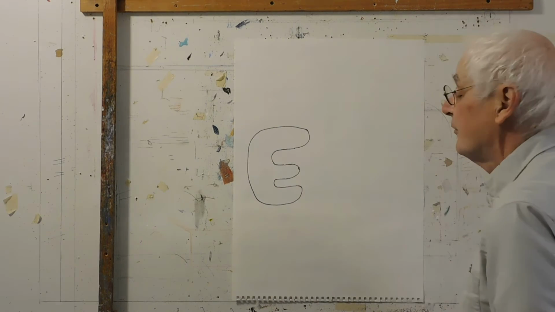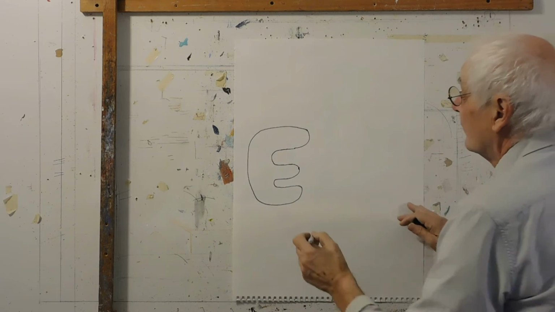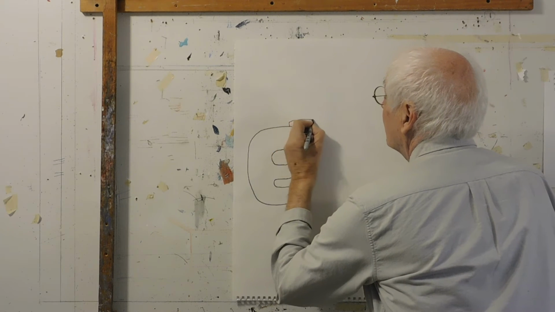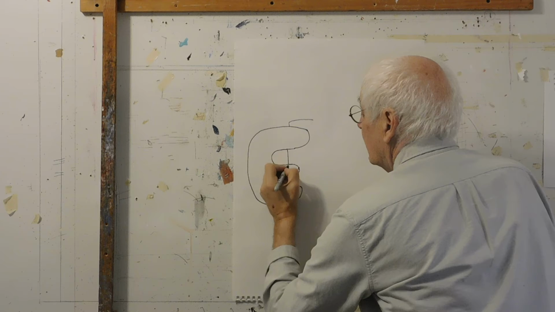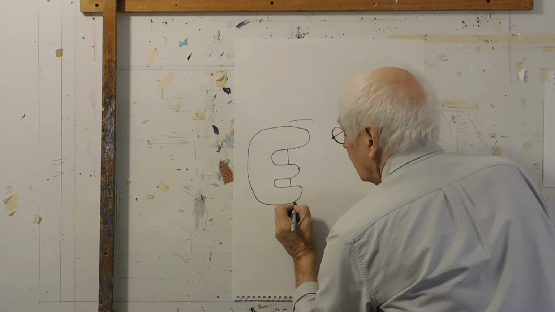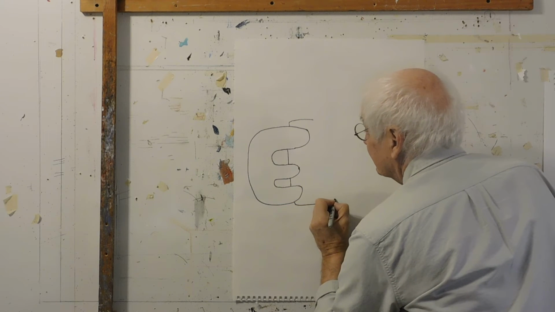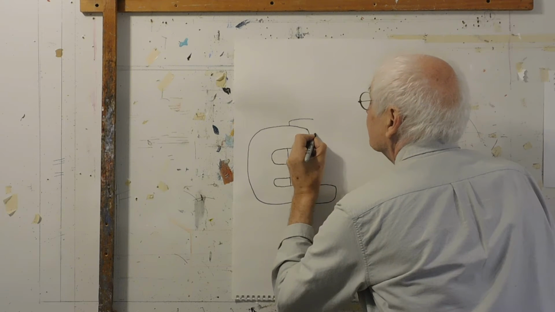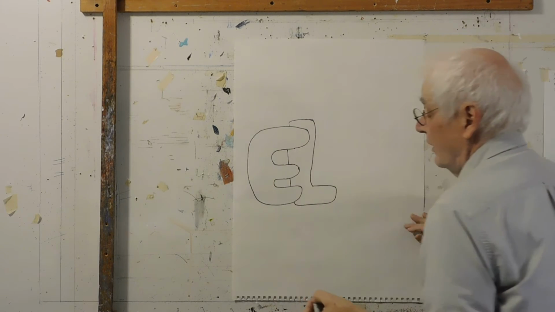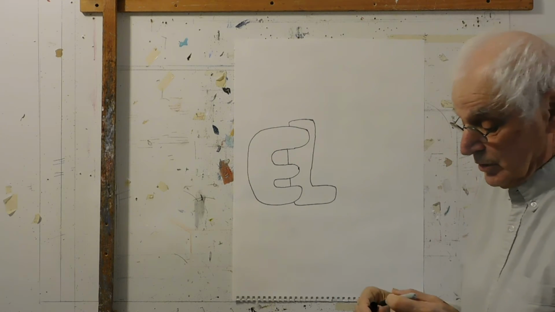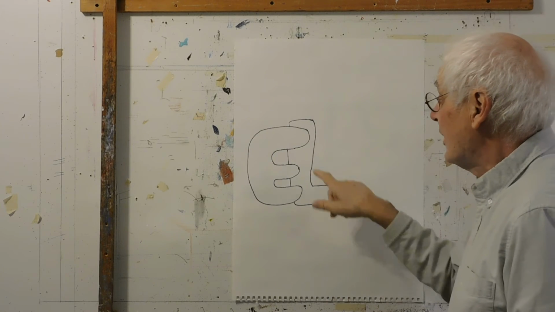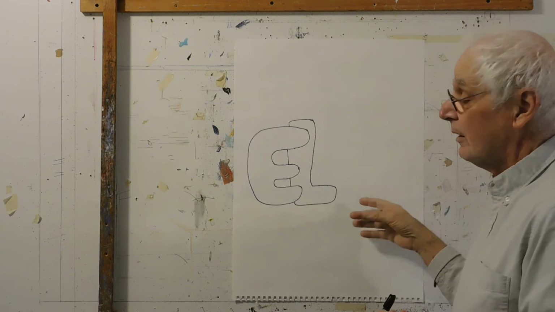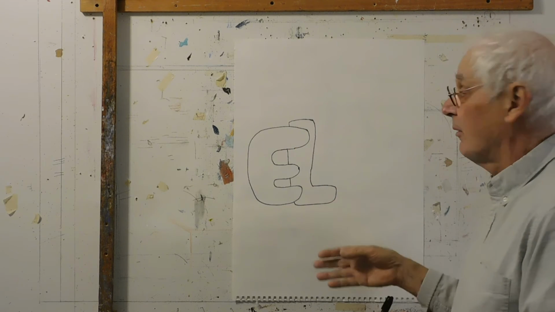the letter E, the first letter of your name. The letter L. Now this may sound like a stupid question, but does the L go behind the E like the highway goes under the road?